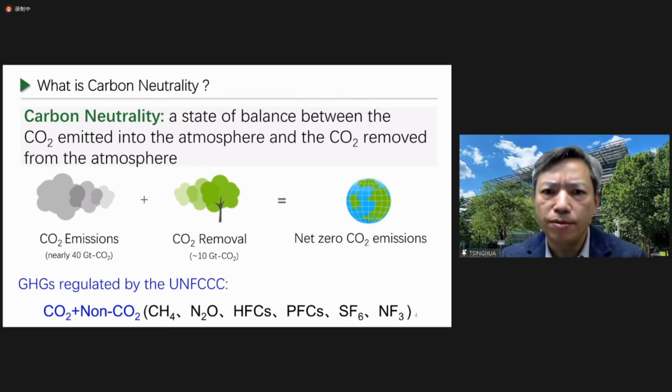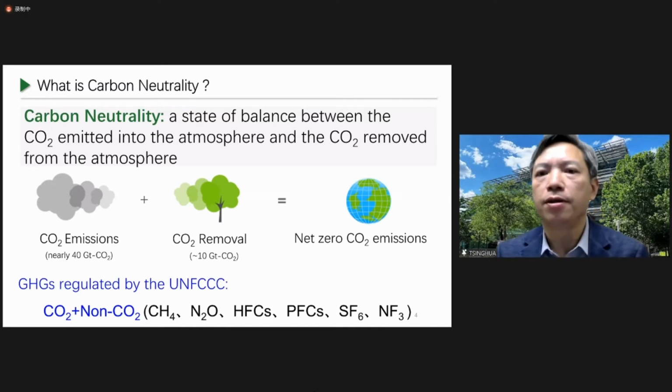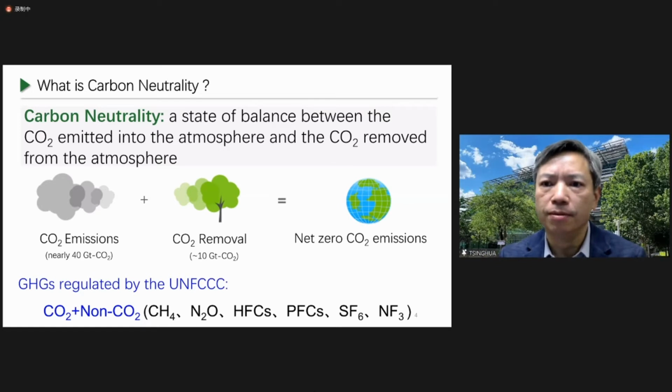Carbon removal from the atmosphere is called carbon sinks, which is any system that absorbs more carbon than it emits. The main natural carbon sinks are soil, forests, and oceans, which remove about 10 gigatons of CO2 per year globally.